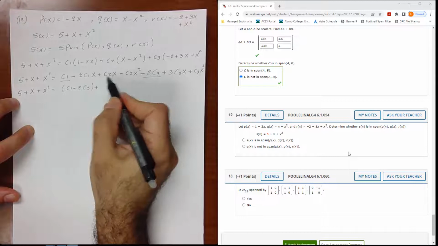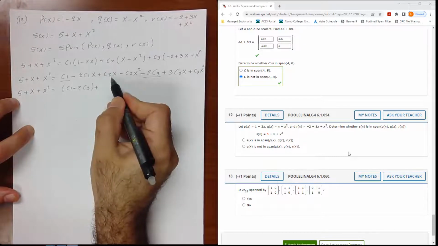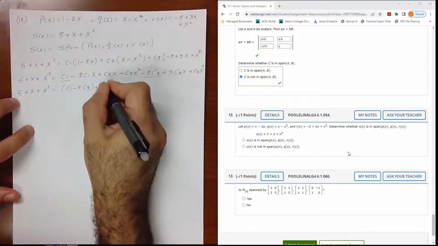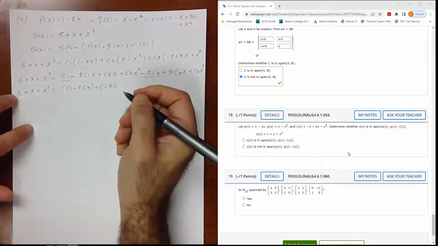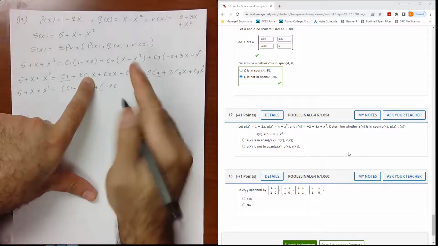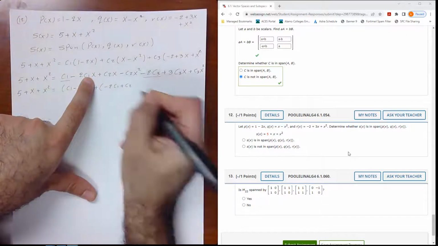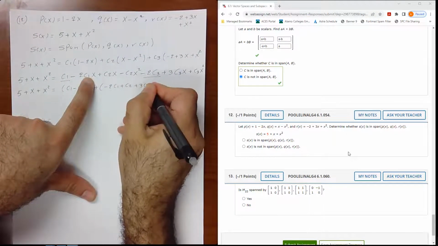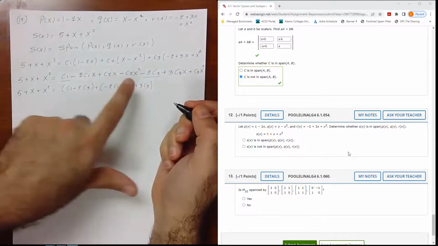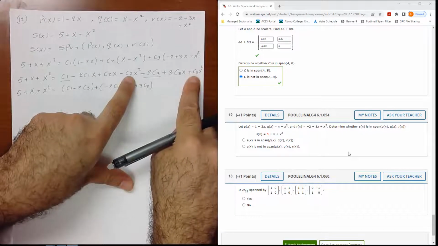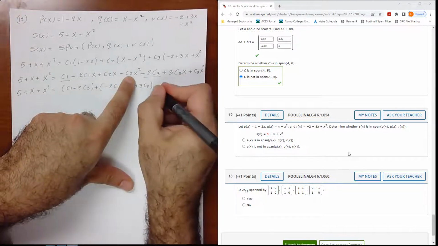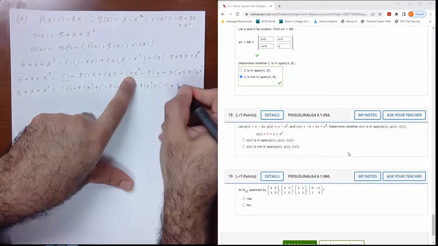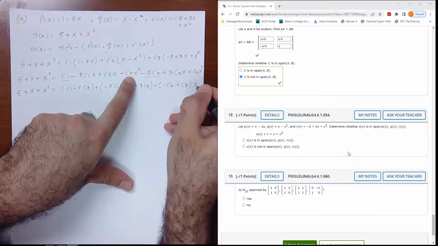With the x, we have -2C1 + C2 + 3C3. With the x squared, we have -C2 + C3.